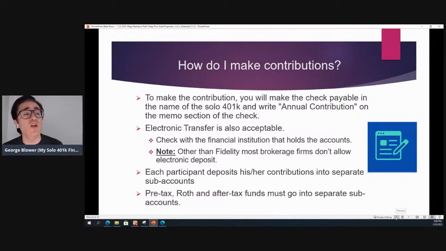Each participant, so you've got multiple people participating in the solo 401k, like the husband-wife scenario, would deposit their contributions into their separate sub-accounts. So you could end up with 6 sub-accounts in that husband-wife scenario, a pre-tax, a Roth, and a voluntary after-tax for each participant.